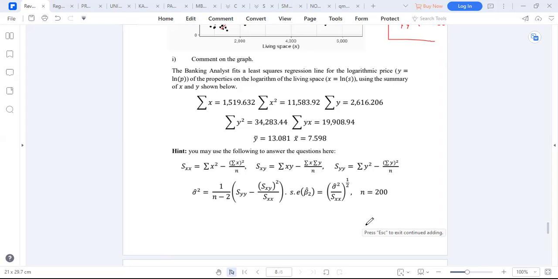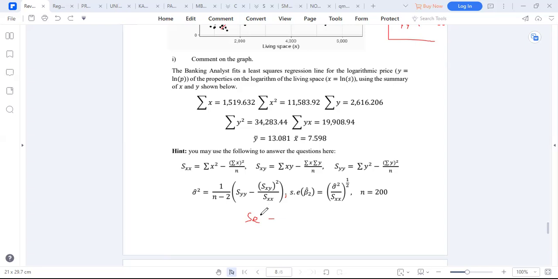Standard error of B2 is equal to the square root of the variance over SXX to the power 1/2. So we need to find what our variance is.